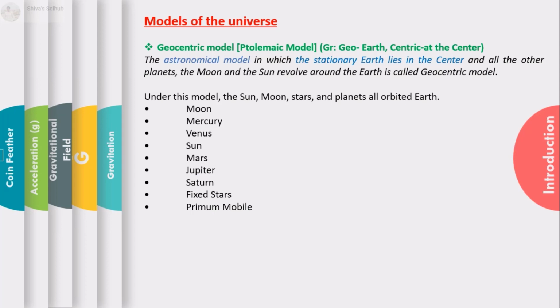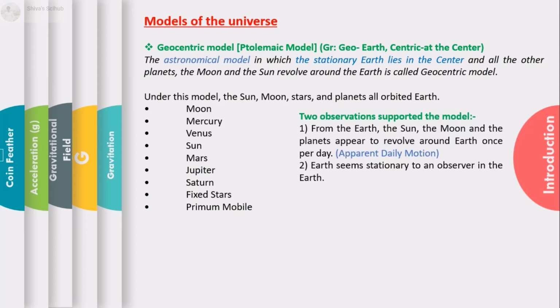There were two main observations that led Ptolemy and other philosophers to support this model. From the earth, the sun, the moon and the planets appear to revolve around the earth once per day. This motion is called apparent daily motion, and it will be discussed in the next slide.